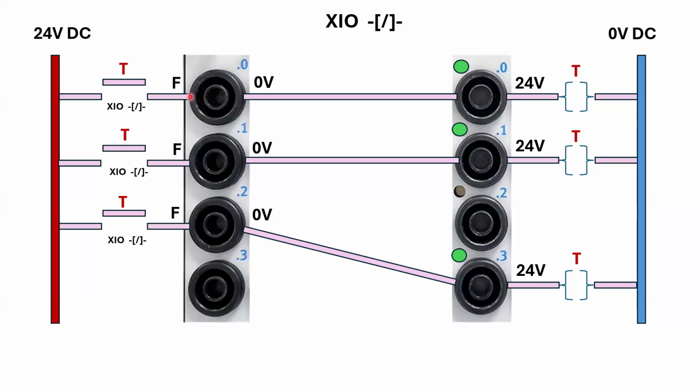The state is false, but the answer to the question is true. Is it open? Yes. But that translates into the state of false here, because 0 volts equals false. It's almost like we have to split our brain into thinking in 6th dimension or something. So this false here, because of the instruction examine open, this false is going to give us true here.